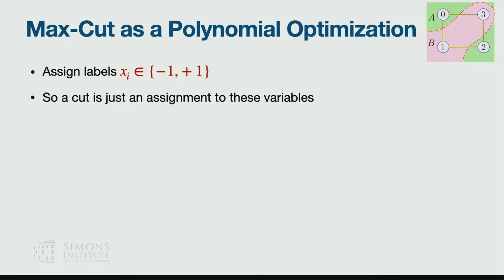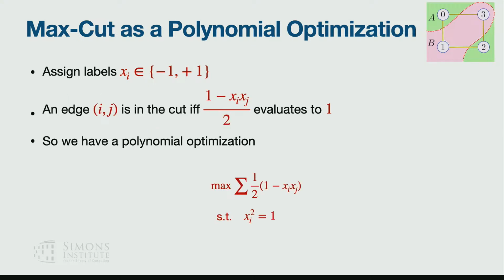In this formulation, we assign to every vertex a variable x_i that can take values +1 or -1. Doing so allows us to have this indicator expression that takes value 1 if and only if the assignments to x_i and x_j are distinct, and it takes value 0 otherwise. With this, it's not too difficult to see that Max-Cut is really the optimization of this polynomial subject to the constraint that the variables are +1 or -1.